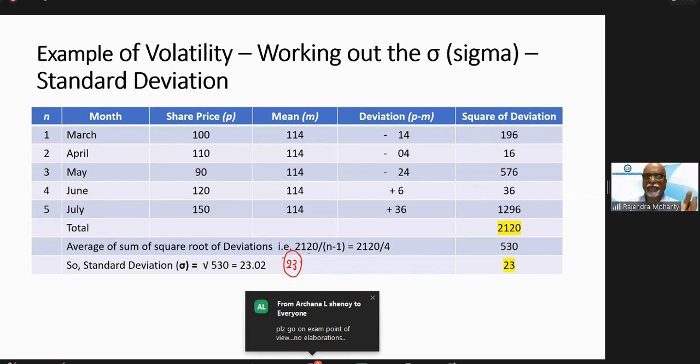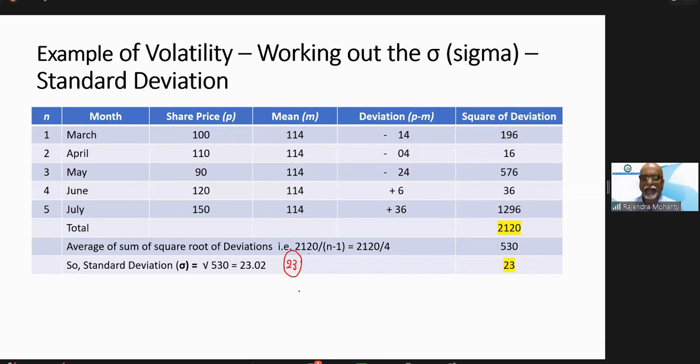This number indicates that the share price of this company has a volatility of around 23 on both sides of the mean price of 114. So in these 5 months, the share price has gone down by approximately 23 rupees on this side and gone up by 23 rupees on this side. This is the volatility boundary.